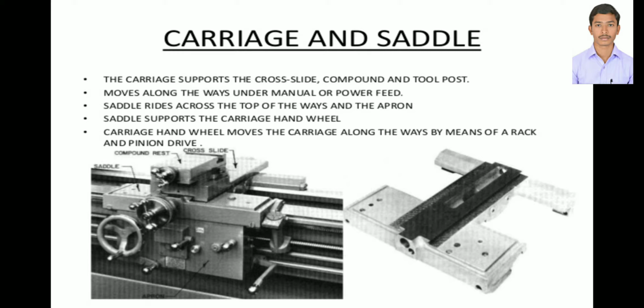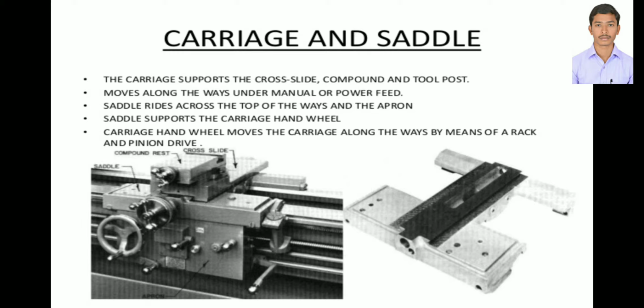In the lathe machine, there are the carriage and saddle, also one important part of the lathe machine. The carriage supports the cross slide, compound and tool post.